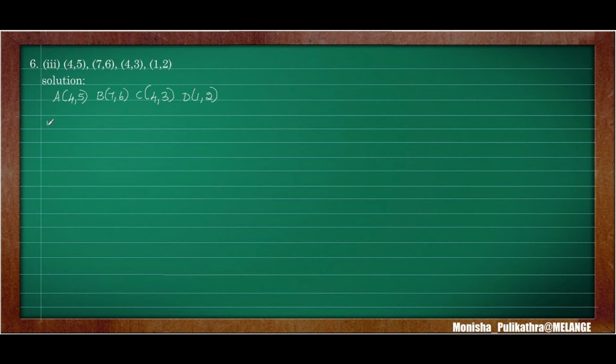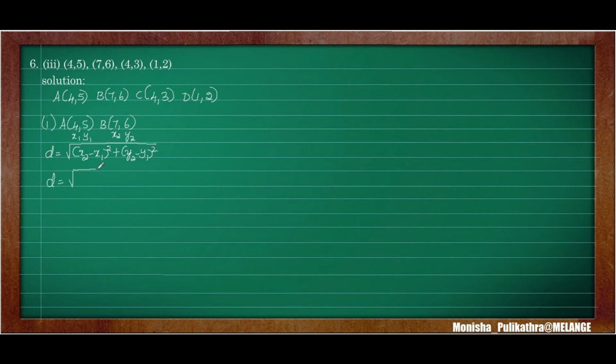Okay, so in the first case we need to take A and B. A is (4, 5) and B is (7, 6), so x1, y1, x2, y2. Apply the distance formula. D is equal to square root of (x2 minus x1) whole square plus (y2 minus y1) whole square.